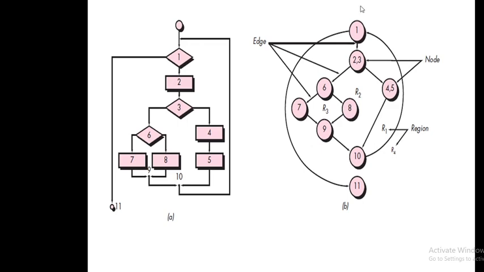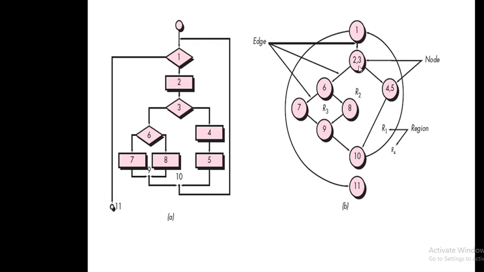Already I said in the flow graphs, there are only two concepts. One is nodes, represented in the form of circles, and the relationship between two nodes is represented by edges. Another point is that in the flow graph, we can combine two or more statements in a single node, but it does not exist in the flow chart. In a flow chart, we represent every statement individually, but in a flow graph, we can combine two or more statements.